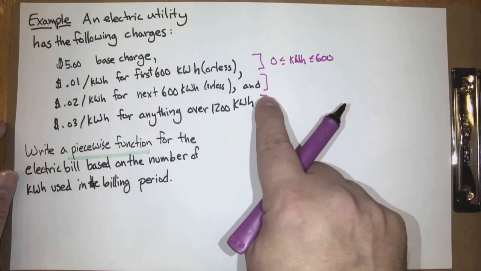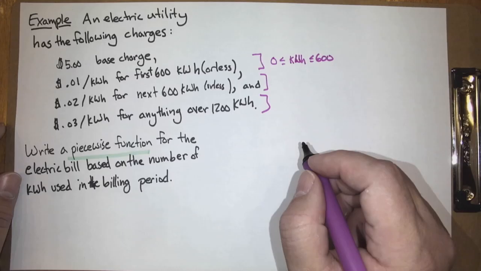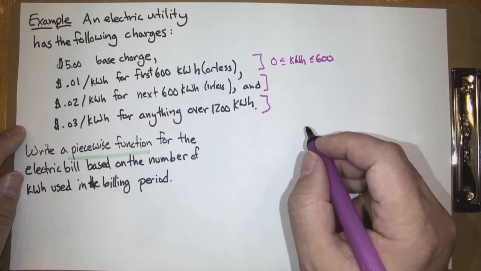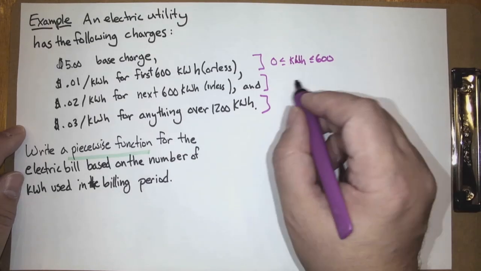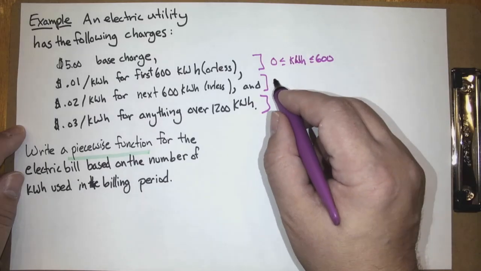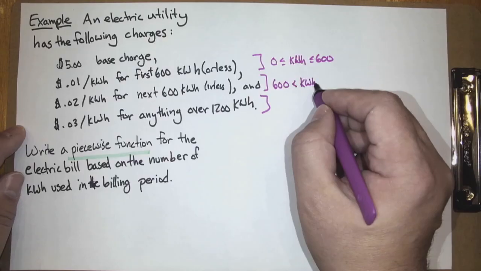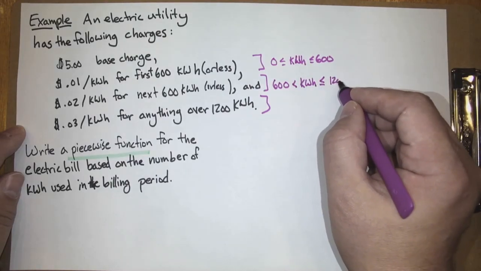How about the next one? Where is that going to be between? The next 600, so what does that translate into? Okay, 600 less than number of kilowatt hours, and up to 1200.